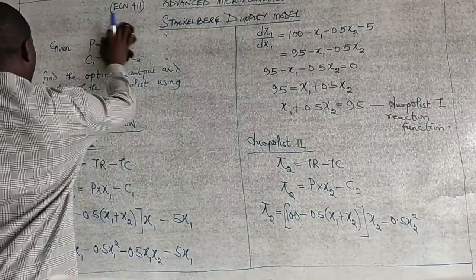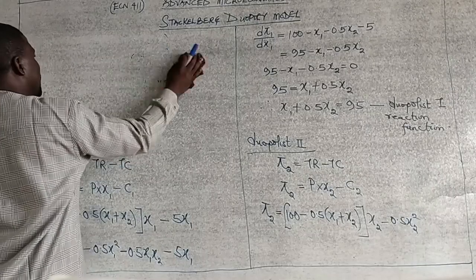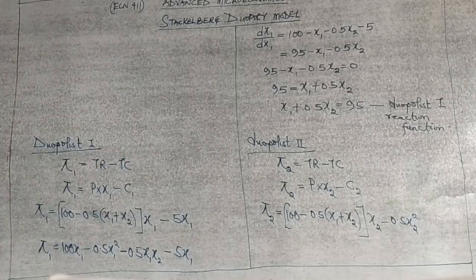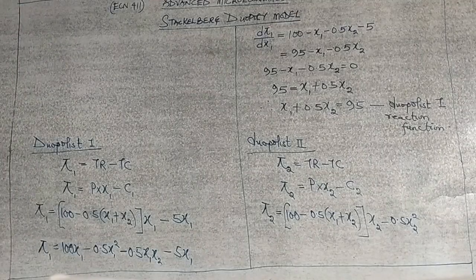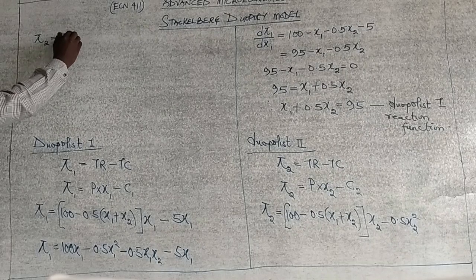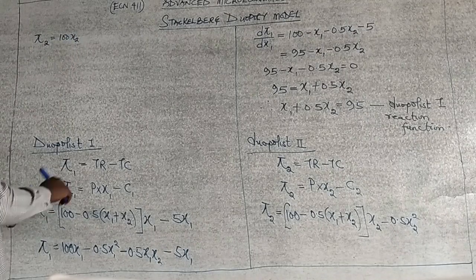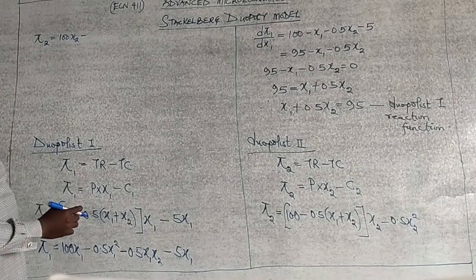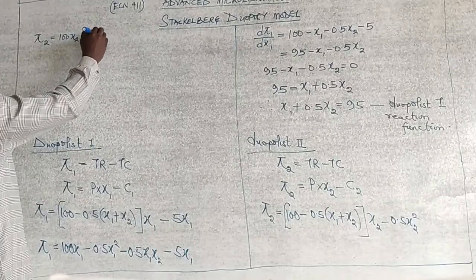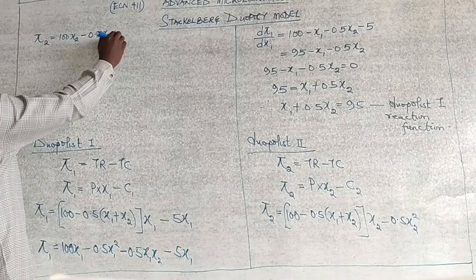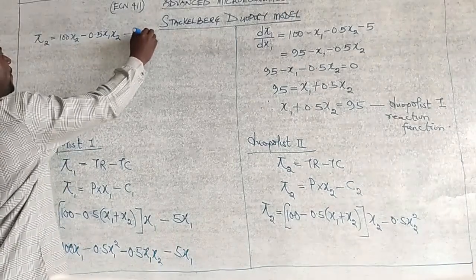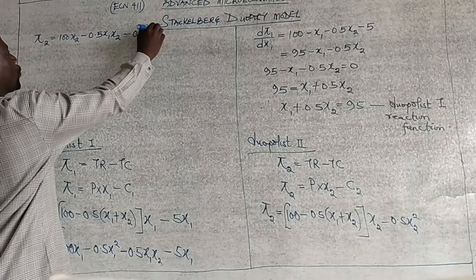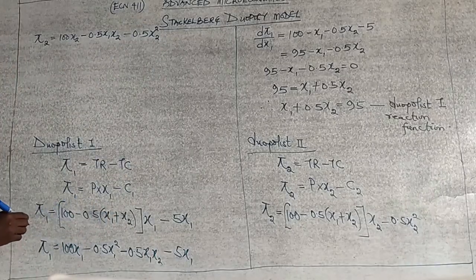So let's expand together. What would that be? 100 x2, minus 0.5 x1 x2, minus 0.5 x2 squared, minus 0.5 x2 squared.